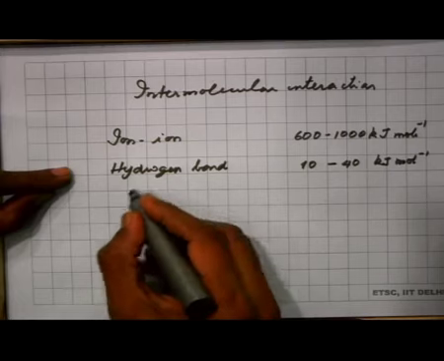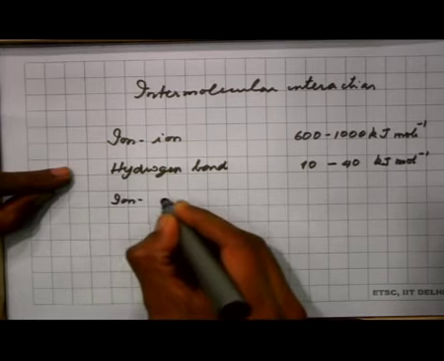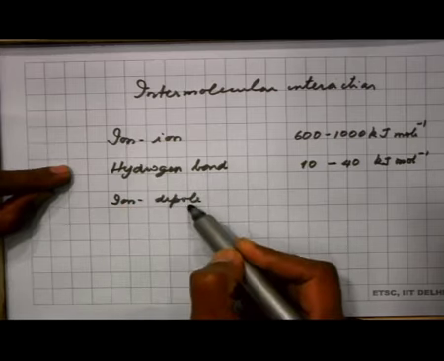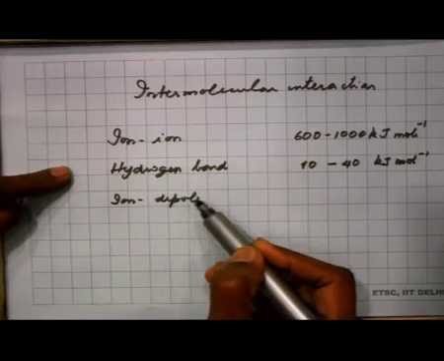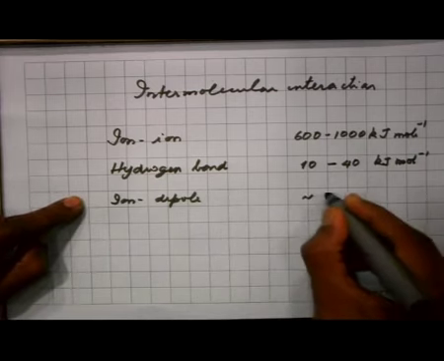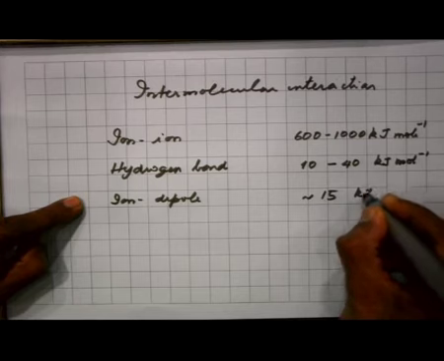Once we have this, the next one is ion-dipole. So, an ion interacting with a dipole, and this ion-dipole is of the order of 15 kilojoules per mole.